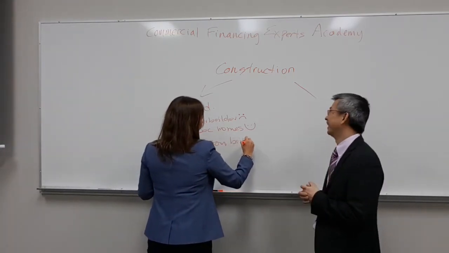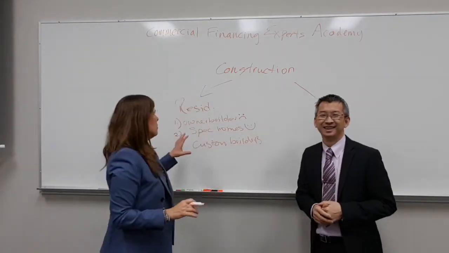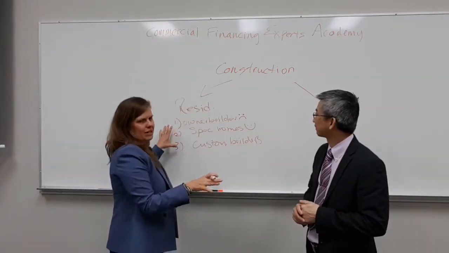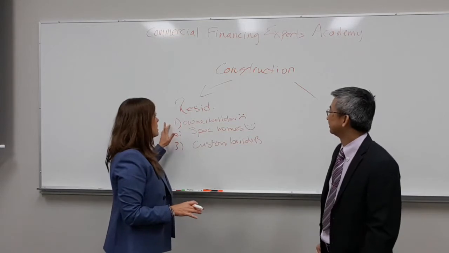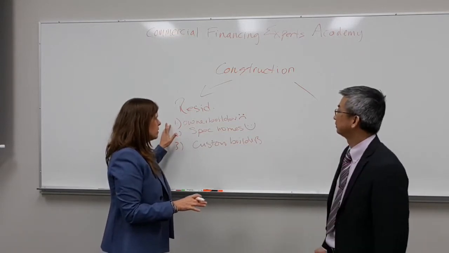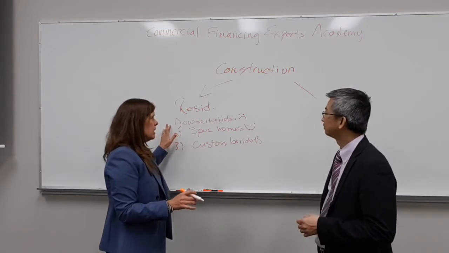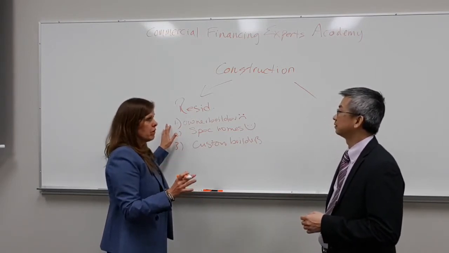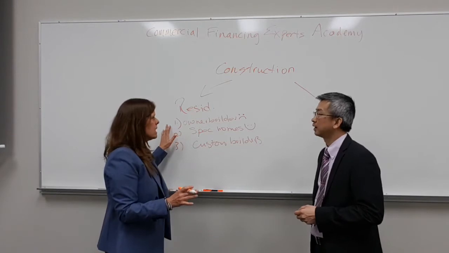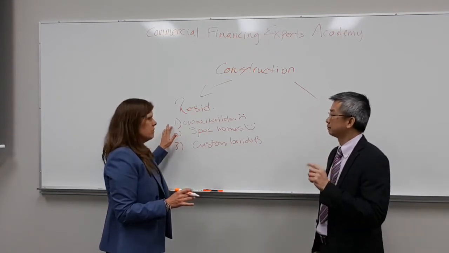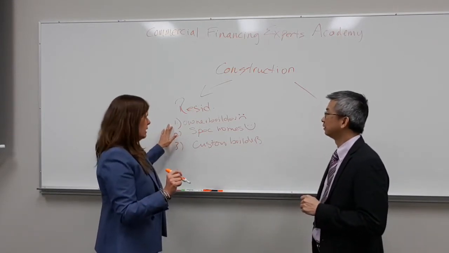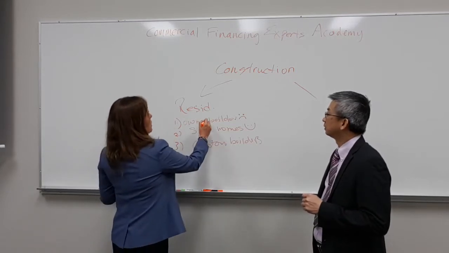Basically, owner builder is someone who is going to have an owner builder warranty. They're going to have to live in the home for a year after it's built before they can ever sell it. And they're basically doing all the work themselves.